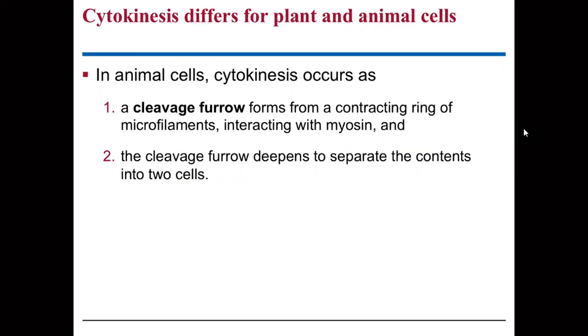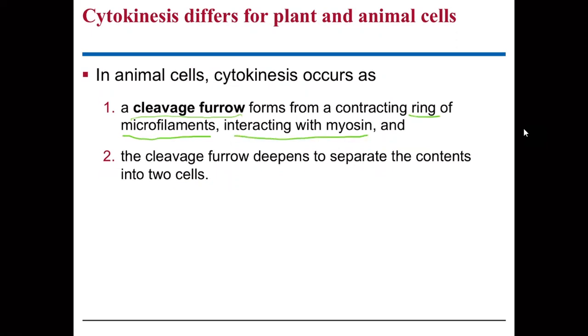Okay, so first let's just discuss the cytokinesis in animal cells. For the animal cells, this would be the process. First, there's a formation of a cleavage furrow. A cleavage furrow forms from a contracting ring of microfilaments interacting with myosin.